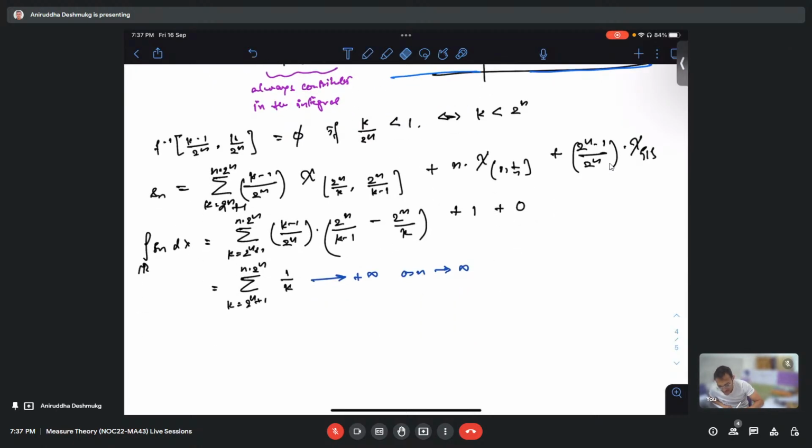I had a question about the L1 functions. From the notes, what I gathered is that L1 is basically the space of all mu integrable functions, right? If I'm not wrong. Yes. The problem that I'm having is, you've shown an example, but if I were given a function, how do I identify whether it's an L1 function or not?